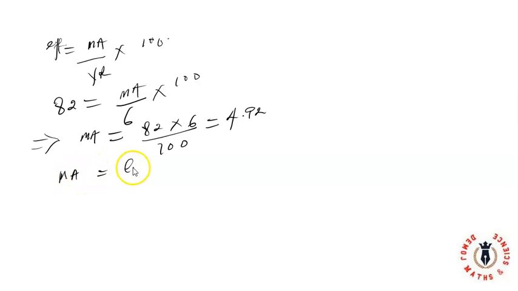Now, we know that MA, which is the mechanical advantage of the system, is the same thing as load over effort. So that my MA, which is 4.92, is the same thing as the load of 300 newtons over effort.